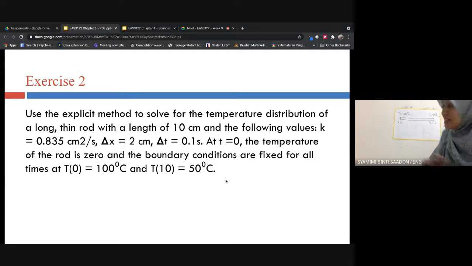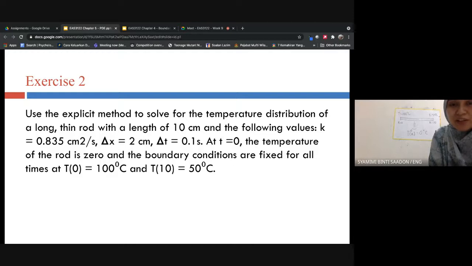It means that at the initial time, not the initial point at 0, but the initial time, at the beginning, the rod all along is assumed to be T(x, 0) equals 0 degrees Celsius. So that's what it means.